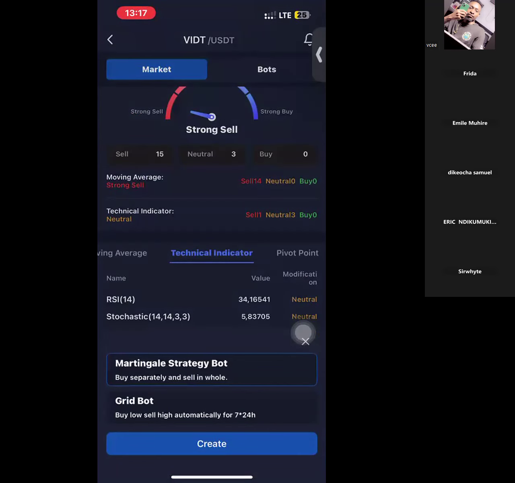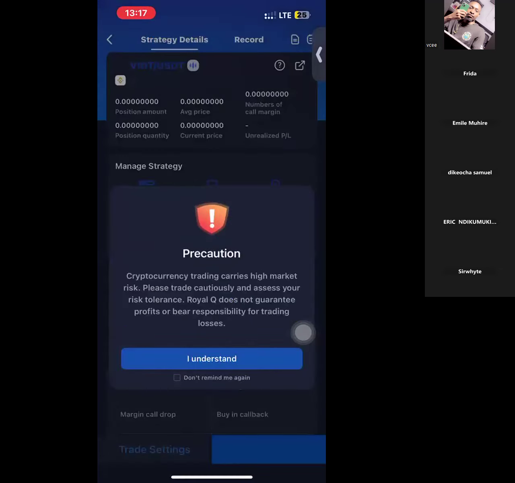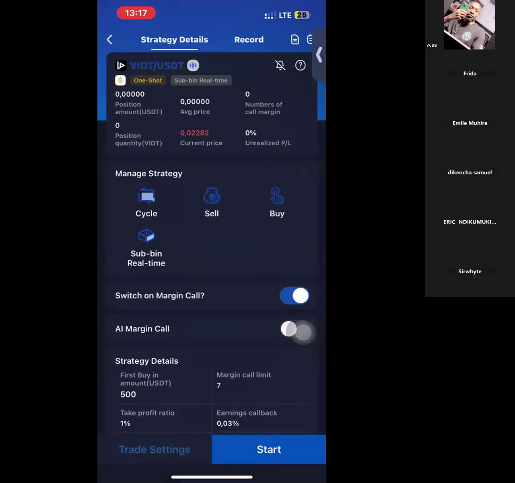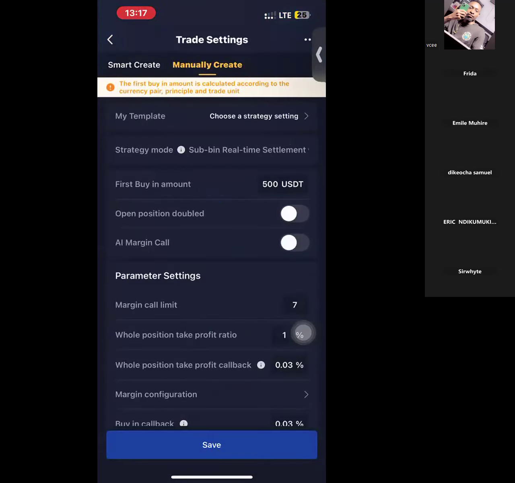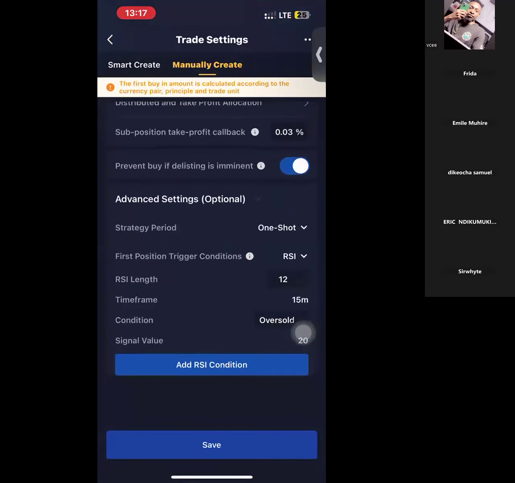When you click on create like this, you don't have to be coming here on trade settings. You have to be coming and scrolling down to the bottom and clicking that you want to put RSI here. You want to put MACD. No, you don't need all these ones.